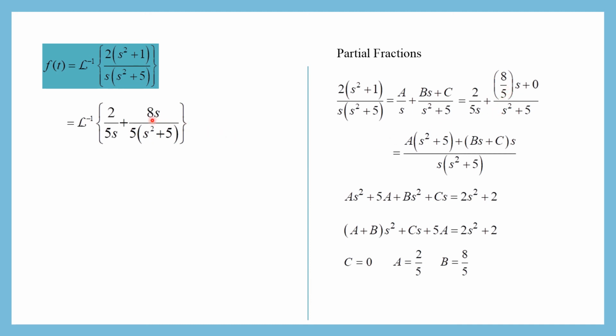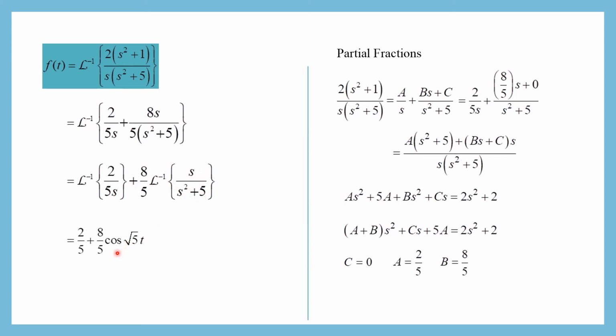So we write 8s divided by 5 times (s squared plus 5), and this number 0 here can be disregarded. Okay, continue. Get the inverse Laplace transform of each of these functions. You can split this into two parts based on the linearity of the inverse Laplace transform. So we write the inverse Laplace transform of 2 over 5s plus 8 over 5 times the inverse Laplace transform of s divided by s squared plus 5.